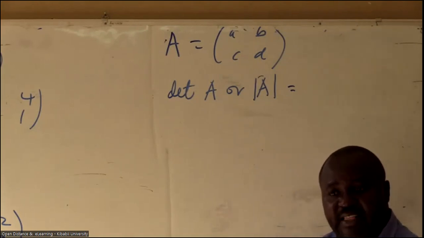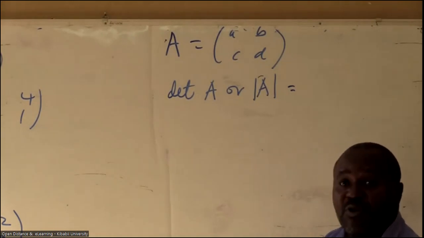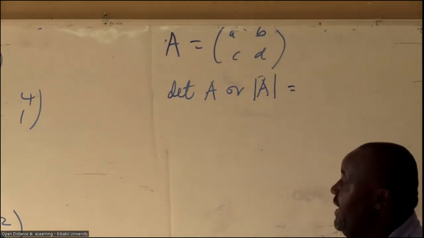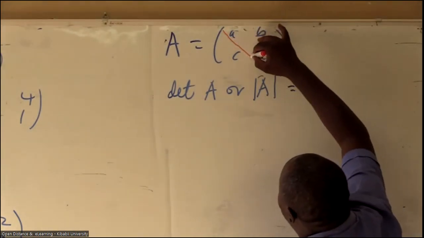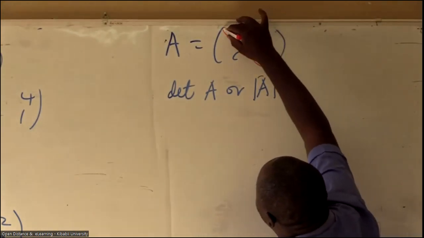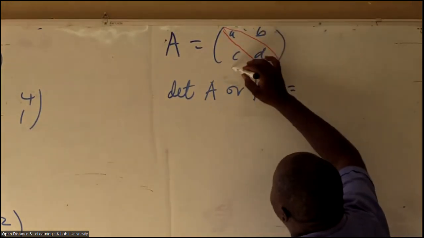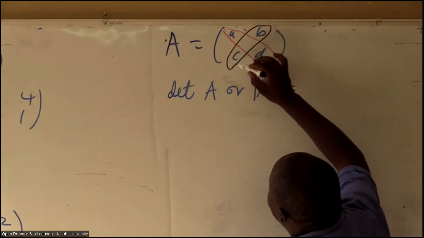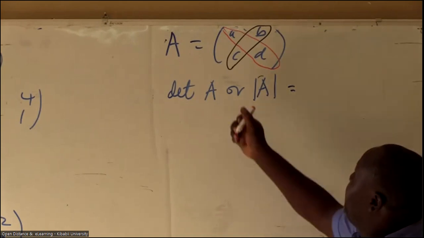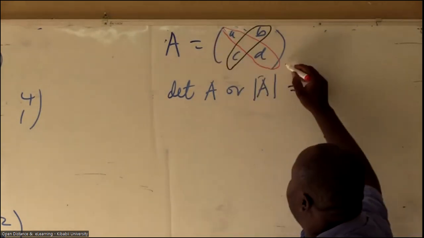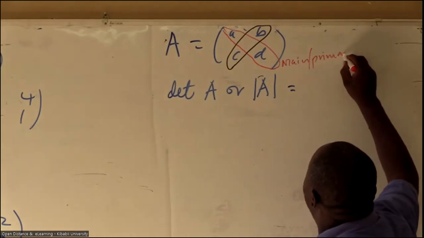But we can also define this, if you recall how we define the diagonal matrix. We can define this in terms of diagonals. That in any matrix, we can see the diagonals, one running from the top left to the bottom right. And then the other one I'm giving in black. So that which runs from the top left to bottom right, this is what we are referring to as the main, or otherwise the primary diagonal.